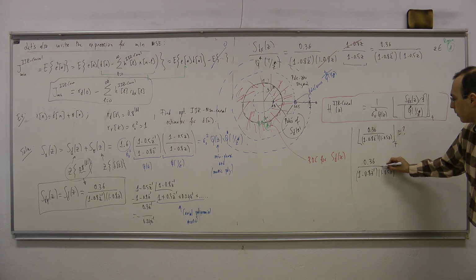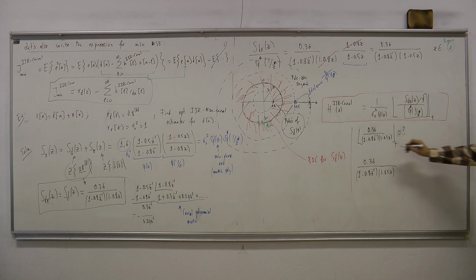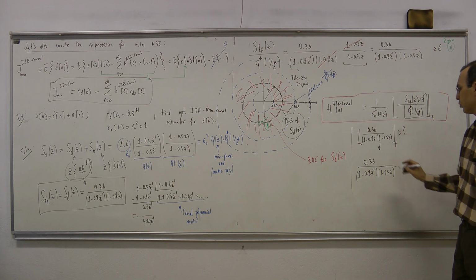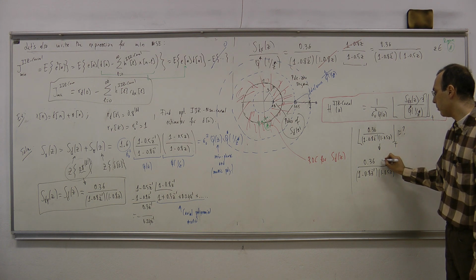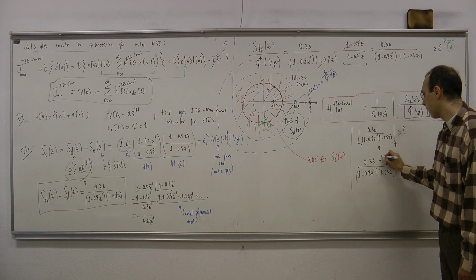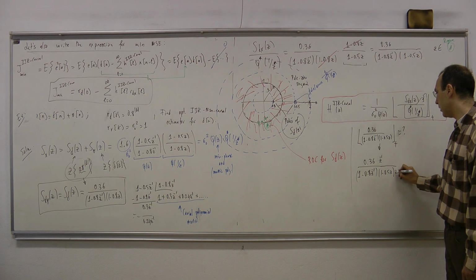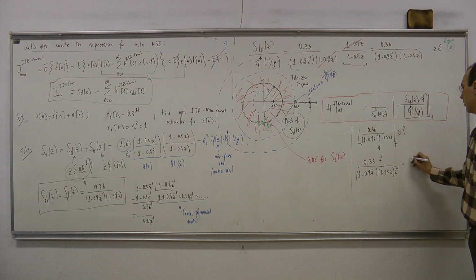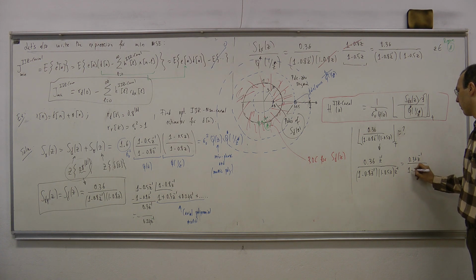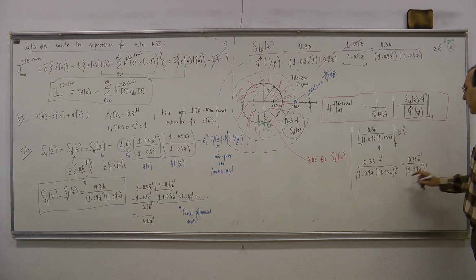Well, I prefer to have partial fraction expansions with Z inverse variable. So because of that, I don't want to see a Z over here, but I want to see a Z inverse. So I will multiply numerator and denominator by Z inverse to get rid of this Z. So I have 0.36 Z inverse, 1 minus 0.8 Z inverse, then I have Z inverse minus 0.5.